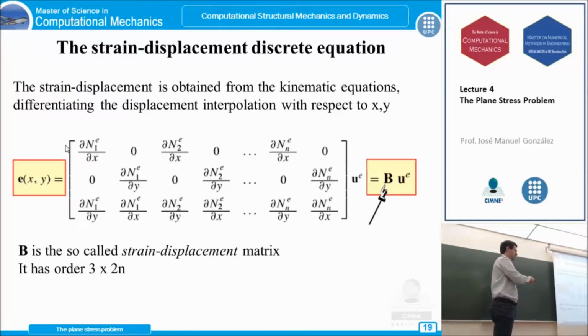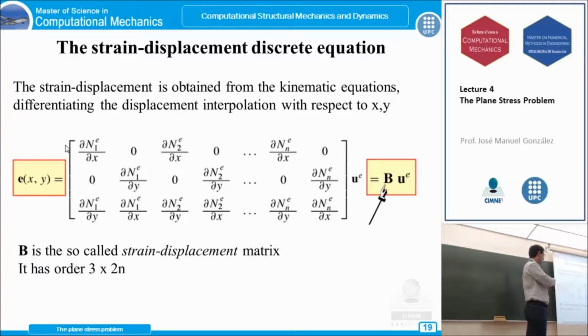If we apply the derivatives to this matrix expression, we get this matrix which involves the first derivatives of the shape functions with respect to x and y. This is what we call, again, the strain displacement matrix. It's the same strain displacement matrix we got in the bar element, but with two components of the displacement and three components for the strain. That's a much more complicated matrix, but the concept is the same.